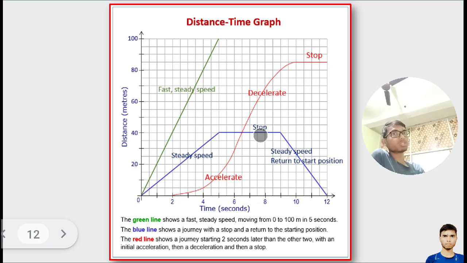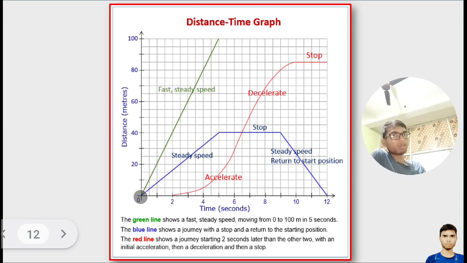Here acceleration is 0. A horizontal line explains an object which is not moving at all, but time is passing. So acceleration would be 0 when the object is not moving at all but time is passing.